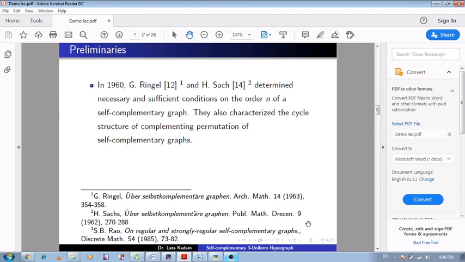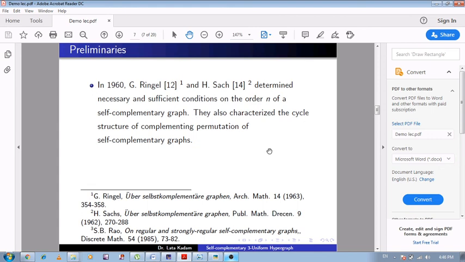Now these are results proved by Ringel and Suck. In 1960, Ringel and Suck determined necessary and sufficient conditions on the order n of a self-complementary graph.